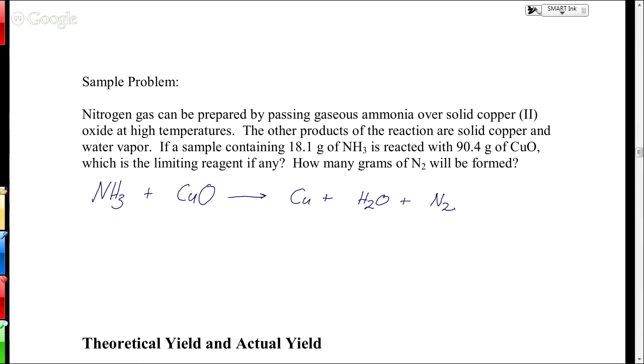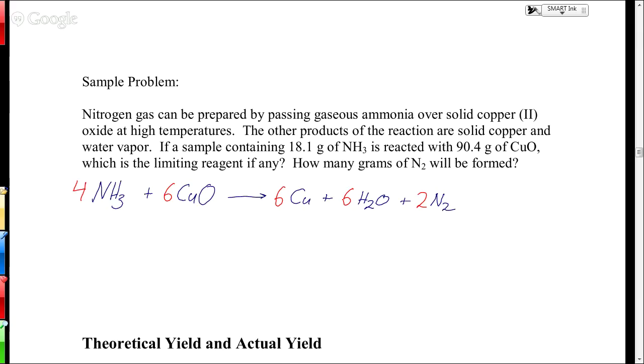You got it? 4 NH3 plus 6 CuO, and then 2 N2 gas, 6 Cu, and 6 H2O. Okay. That would work. And I think that's all balanced, right? But it is doubled, so it's not the lowest possible numbers.